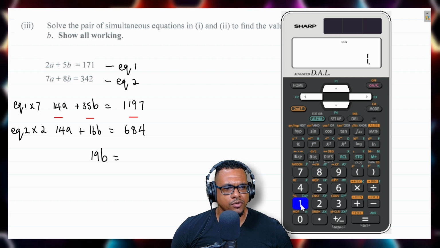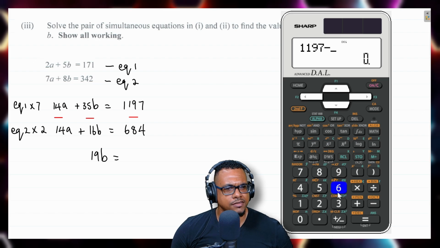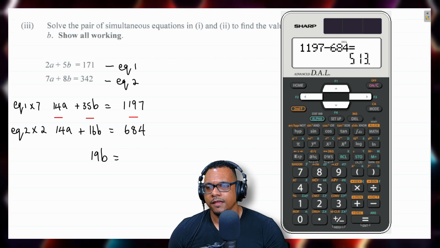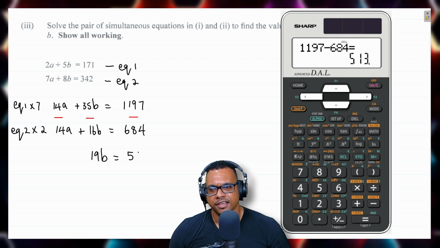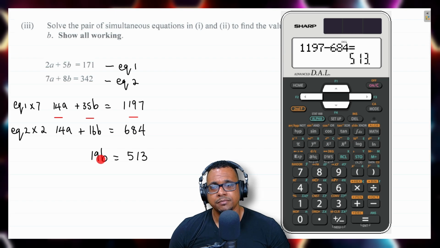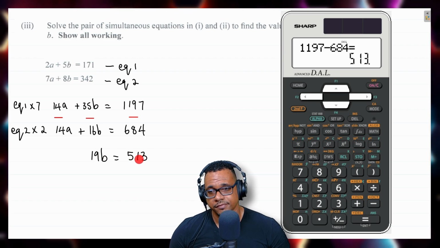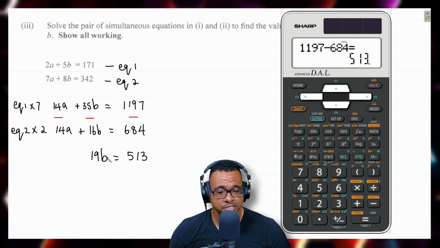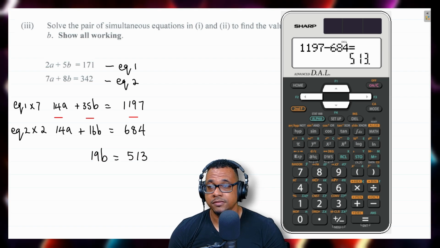So we have 1,197 take away 684, and that's equal to 513. So I'll have 513. So now we have 19B is equal to 513. So we transfer the 19 across. The operation between 19 and B is multiplication, so we transfer it across into division.